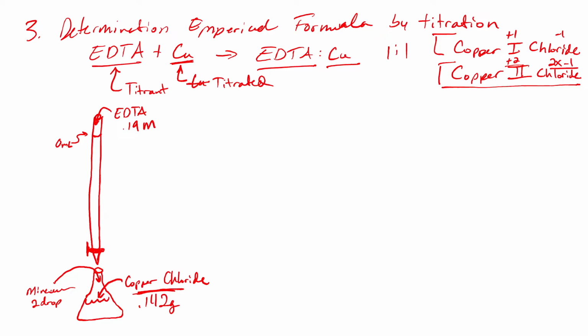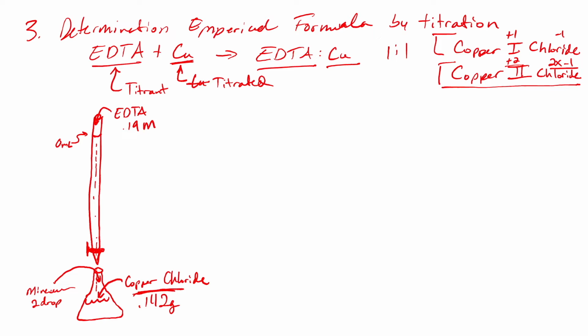And so we'll let the EDTA drop down into our copper chloride solution until it turns, I believe this indicator turns yellow, yellow or orange, I can't remember. But let's see here.